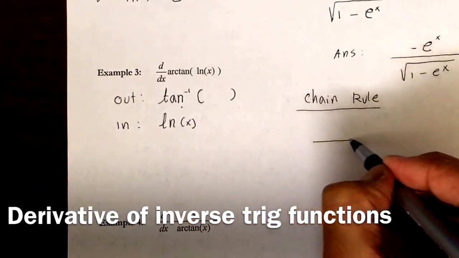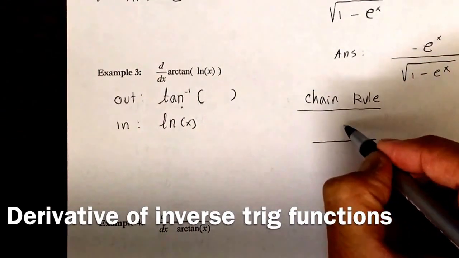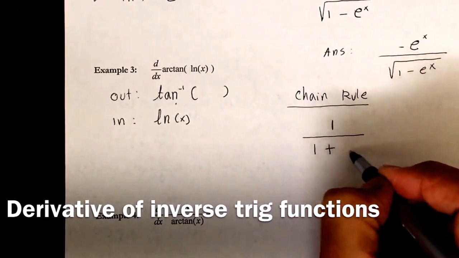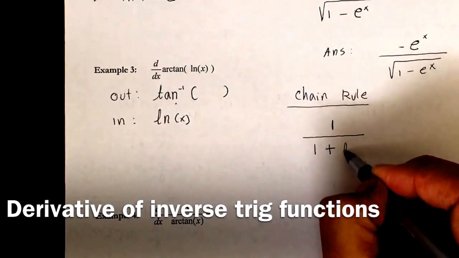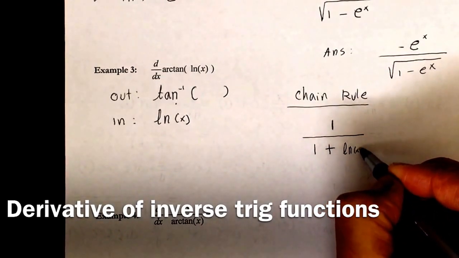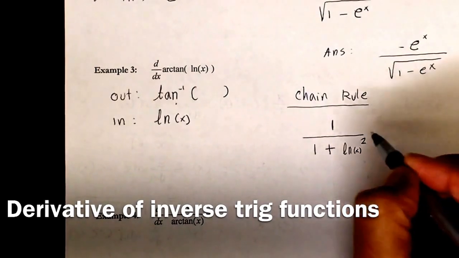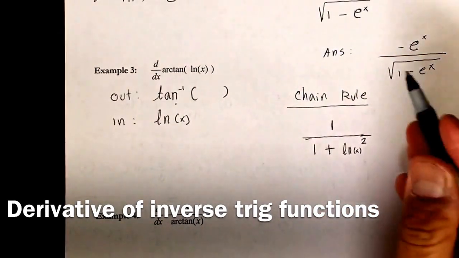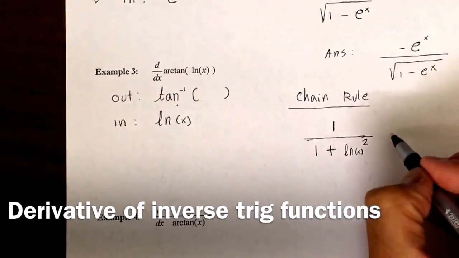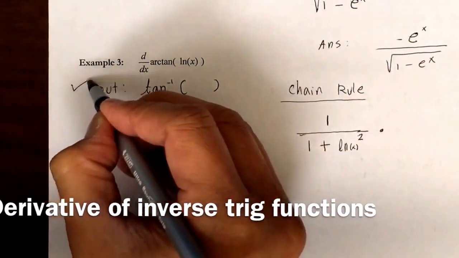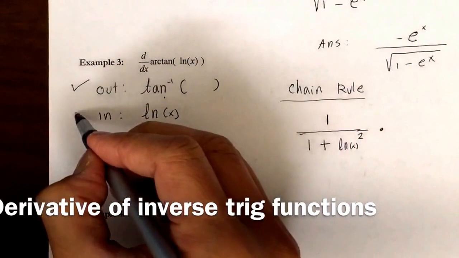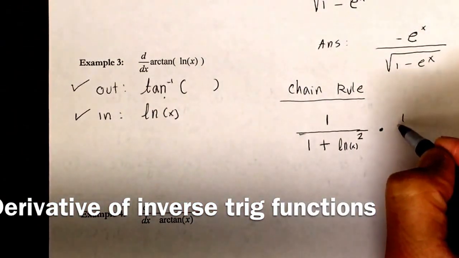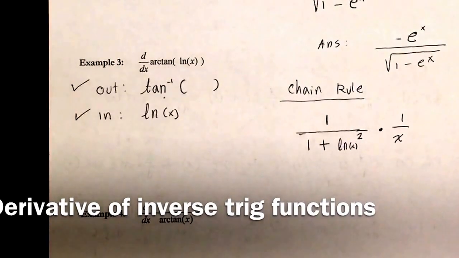The derivative of inverse tangent is 1 over 1 plus whatever is in the parentheses, and that was this, and we have to square it, right? That's what the formula says. Times, so we took the derivative of the outside, and now we go on and we find the derivative of the inside, which is 1 over x.